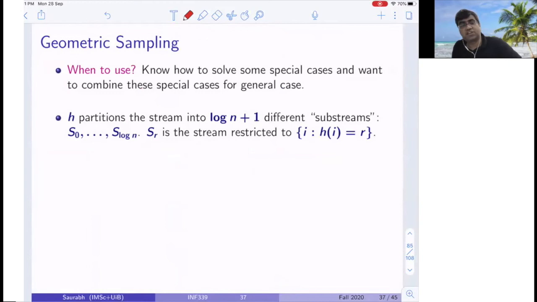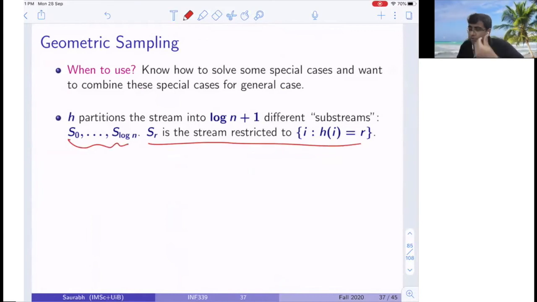H partitions the stream into log n plus 1 different substreams automatically, S0 to S log n. How? S_R is the stream restricted to those items. So think of it this way: A1 is coming, A2 is coming, AM is coming, right?